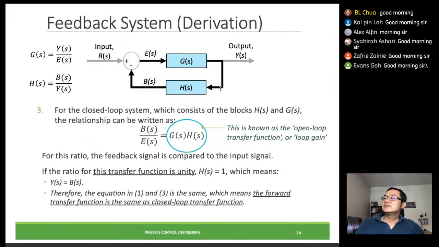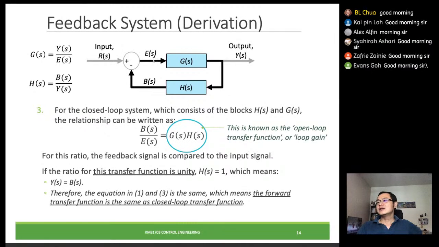Now after that, we can also see another form. We call this a circle. Assuming this error signal, we just blur our eyes on the input and output. This error signal will go through G and then through H before it comes to this point. So this is the flow of the error signal that is being fed back to the summing point.